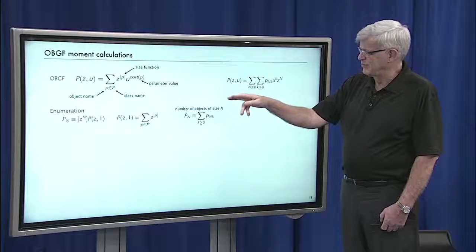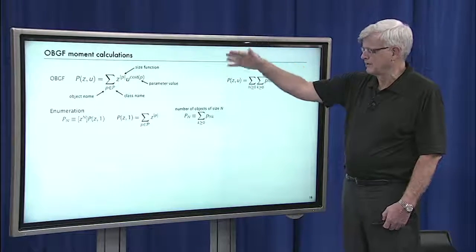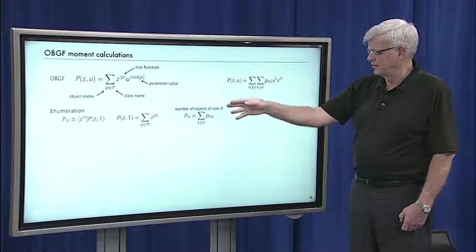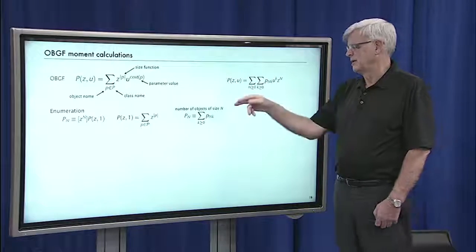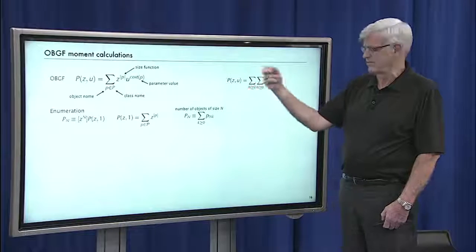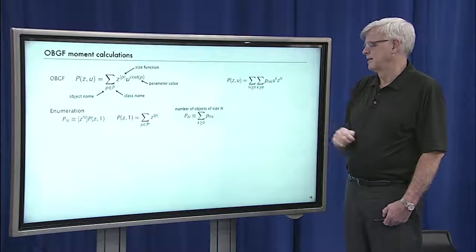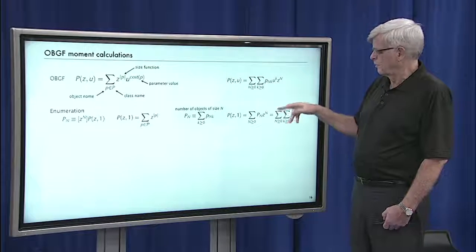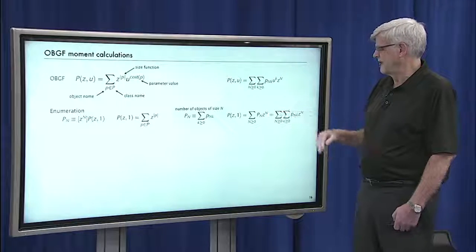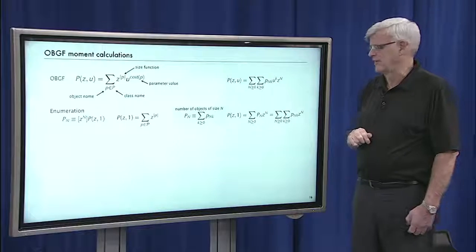So that's p of z 1, then the u goes away, it's all 1. It's just the sum on p, everything in the class, z to the size of the class. But again, that can be collected with all the ones of the same size. That's exactly the same as p sub n z to the n.